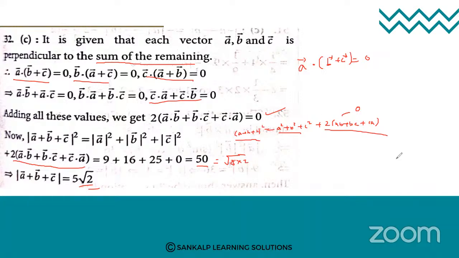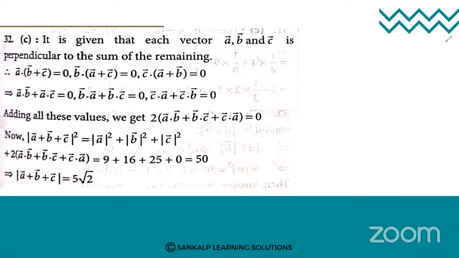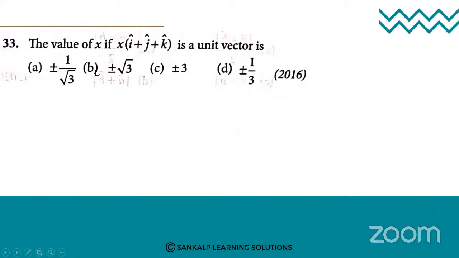Okay, next example. The next question: the value of x, if x times (i plus j plus k) is a unit vector, is... So when this vector is a unit vector, what must be the value of x? That is what they are asking.